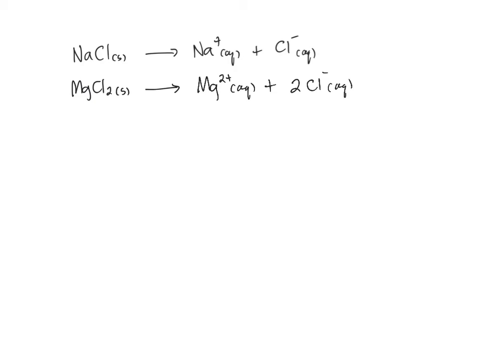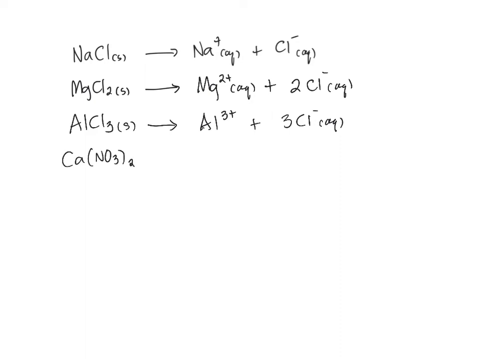Now, what if I have, let's say, aluminum chloride? So it will dissociate into aluminum 3 plus and 3 chloride ions. What if we have, let's say, a more complicated ion, like calcium nitrate, solid.